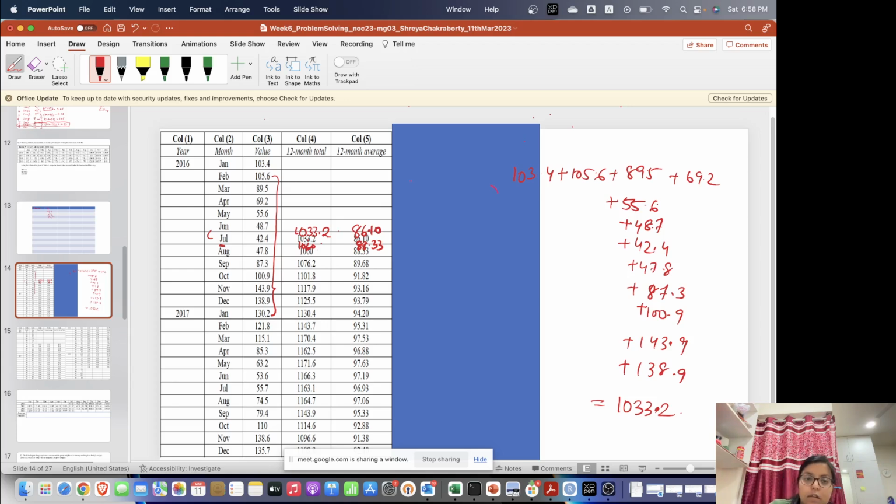Okay, this is not centered. These are the midpoint values.